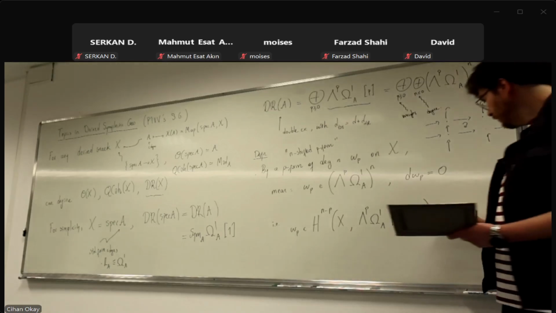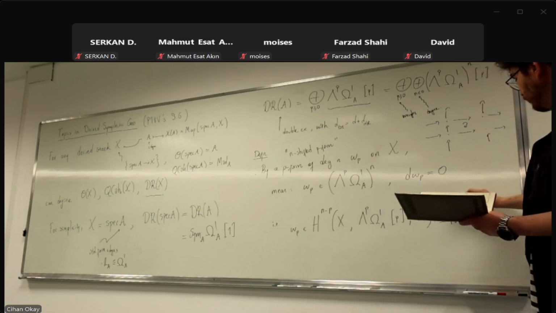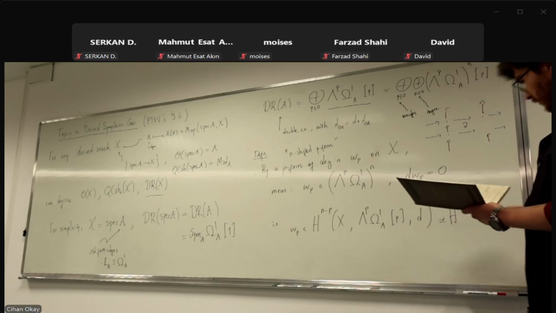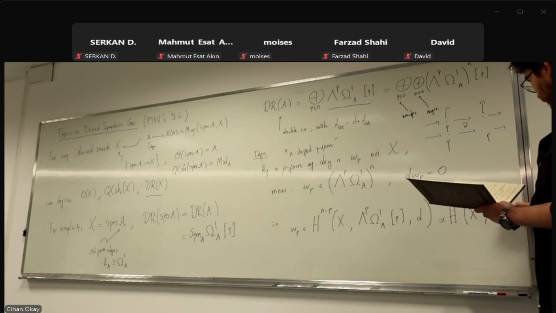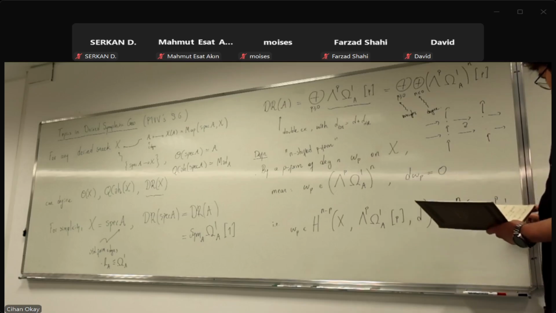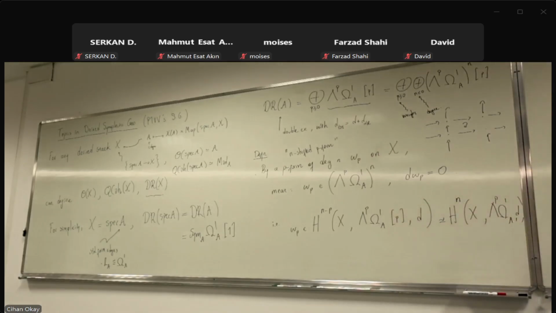And you can also identify this thing by just using this shift. There is a shift here. So therefore, these two are also the same thing. If you want to get rid of this shift, you also have this kind of cohomology class.